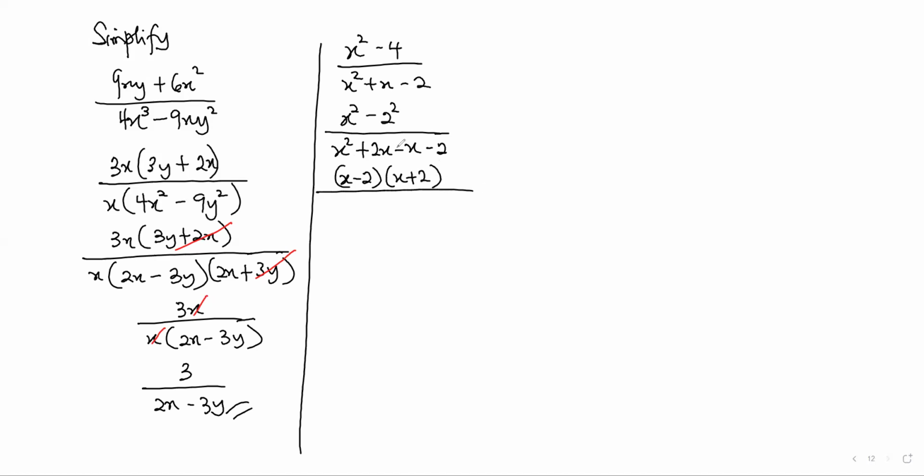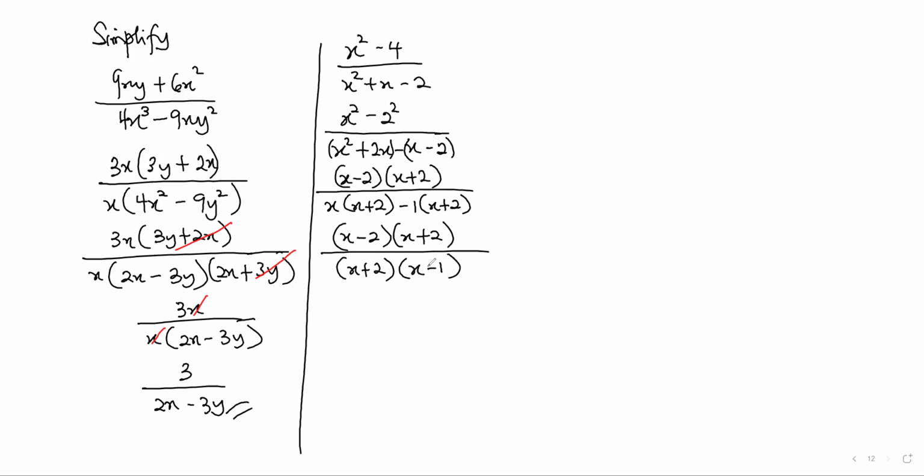And for the denominator, when you group this into two, you realize that what's common is x. We have x plus 2. Over here, what's common is minus 1. We have x plus 2. So the numerator is x minus 2, x plus 2. The denominator is x plus 2, the same bracket, and x minus 1.